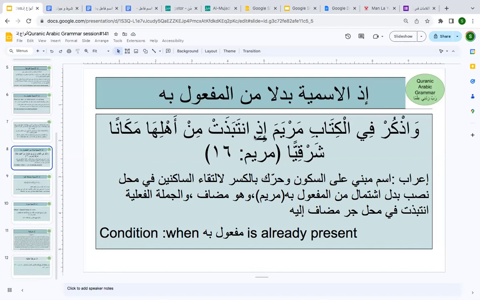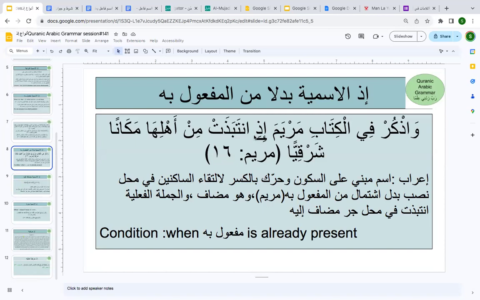When she secluded herself. This is a part of Maryam, because Maryam is a whole individual, not the entire Maryam. No, this incident about Maryam, when she separated herself from her family in a far easterly place. So this is badal from Maryam. This is what is about Maryam, but not exactly the entire Maryam.